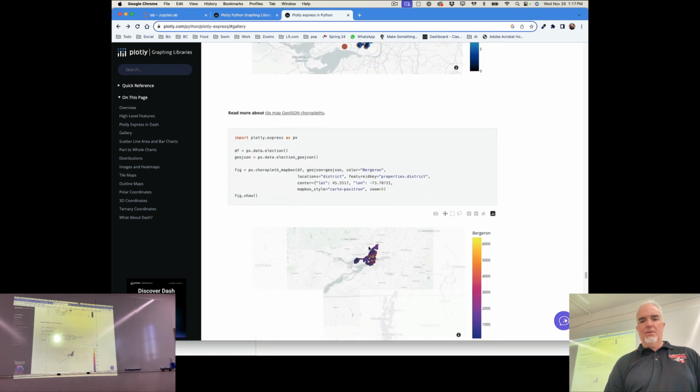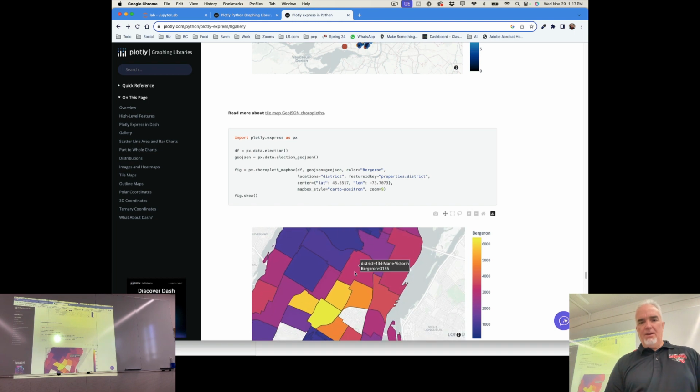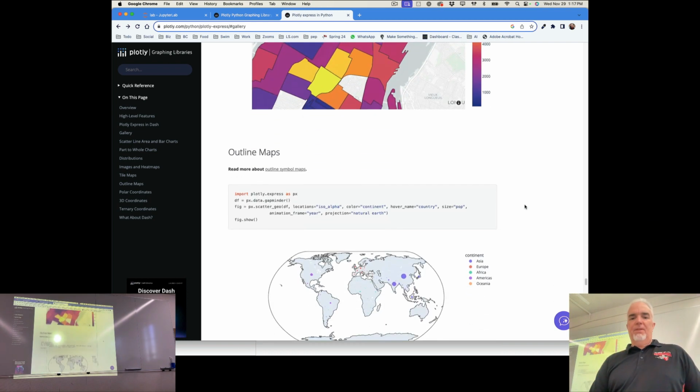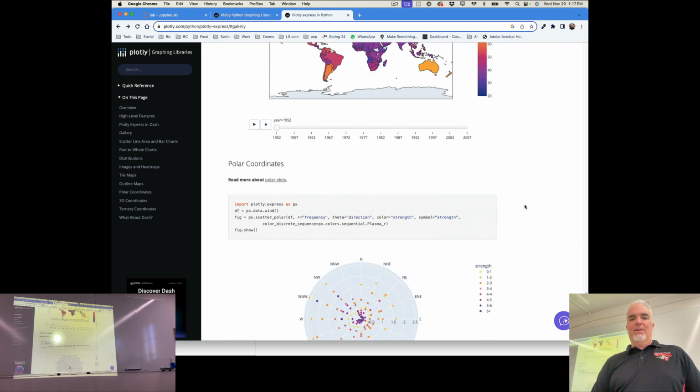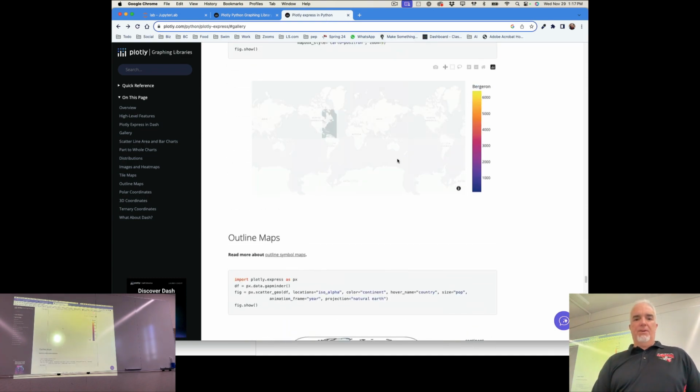You can zoom in and out on those areas, and again, you can hover over those. This is all using geographical information system data that's combined with that data that we have. So really, really cool stuff. Sadly, we won't get that into it today.